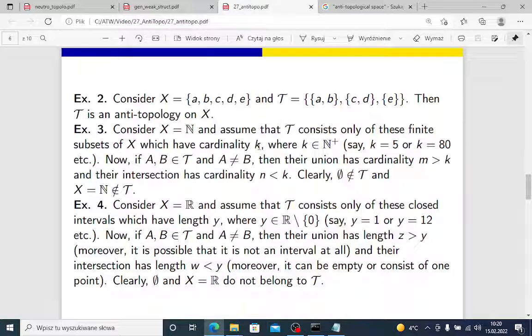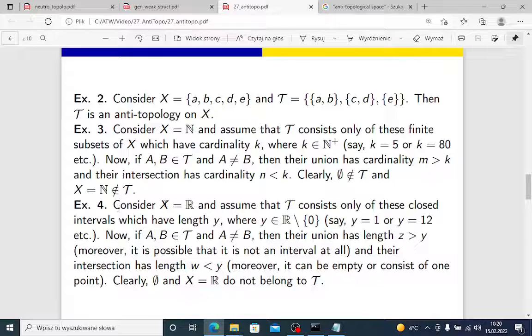In any particular case, we would have K equal to 5, let's say, or 80 or 100. Now, if we have two different sets of this cardinality K, then their union has cardinality greater than K, and their intersection has cardinality lesser than K. So their union does not belong to T, and their intersection does not belong to T. And of course, the empty set and the whole universe do not belong to T.